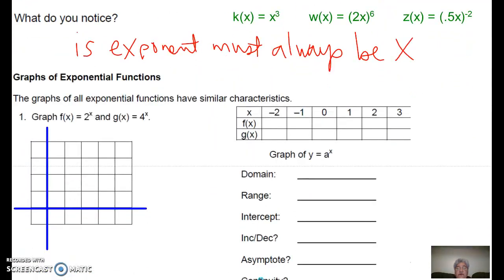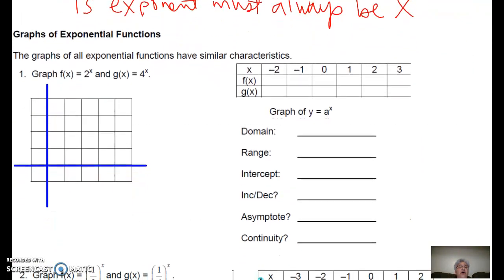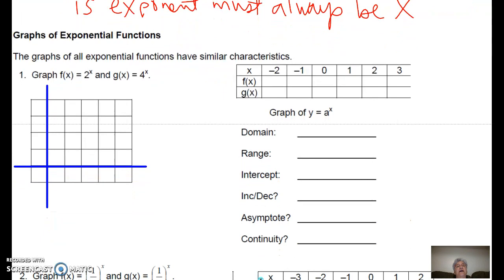Okay, please go down to the middle of your page, and we'll talk about our graphs of exponential functions. The graphs of all exponential functions have similar characteristics. Starting with example 1 on the left, we have the graph of f of x equals 2 to the x, and the graph of g of x equals 4 raised to the x.